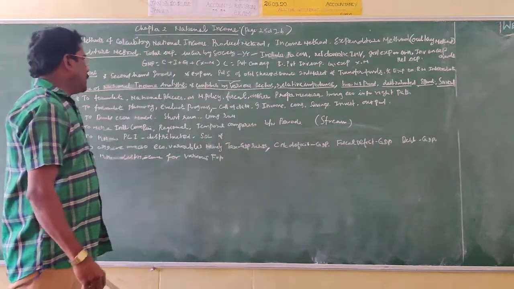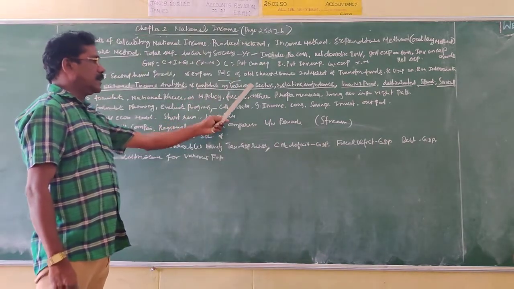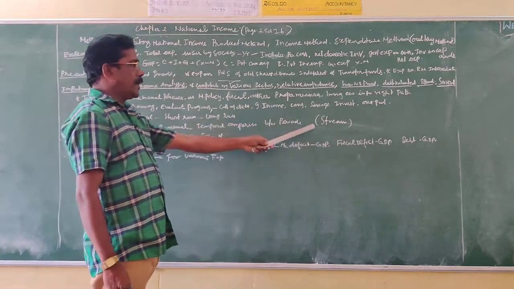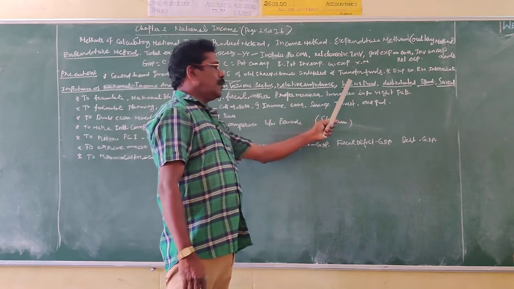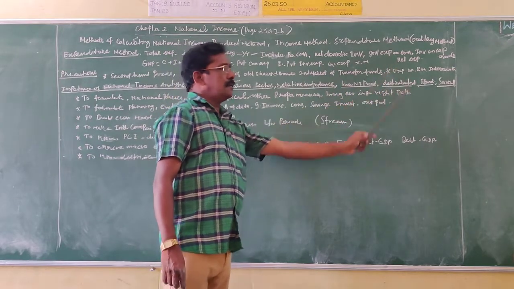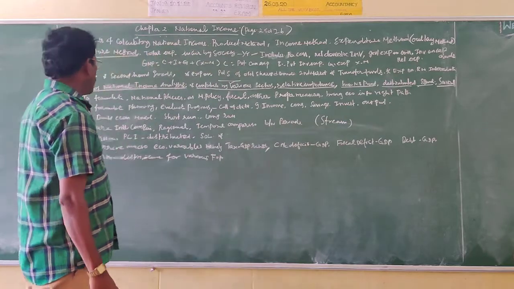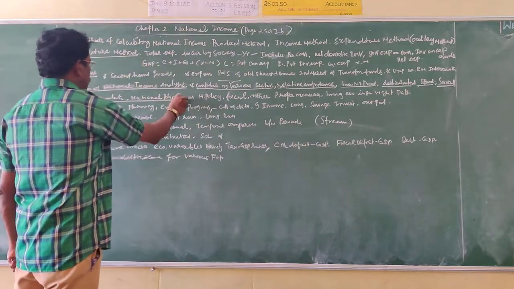So the first point is the contribution or composition by the various sectors in the stream of national income and its relative importance, and how much of national income is produced, distributed, spent and saved.